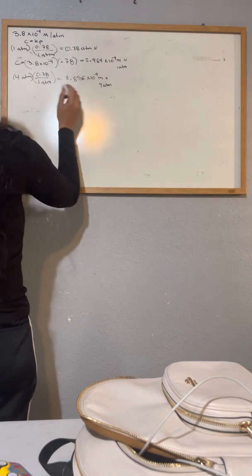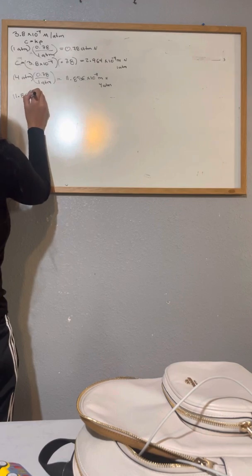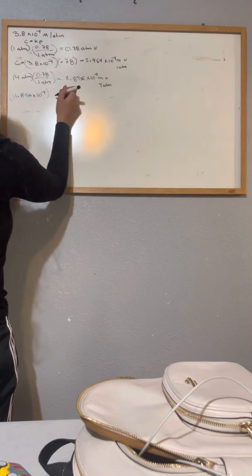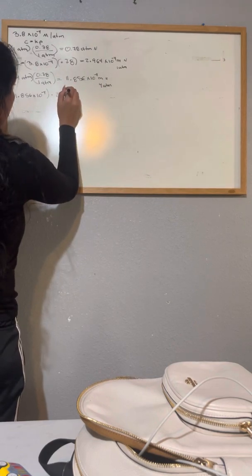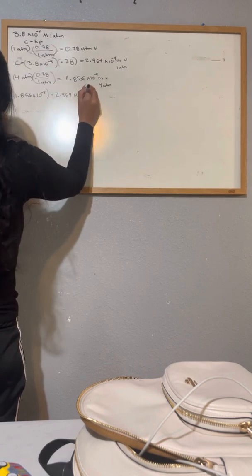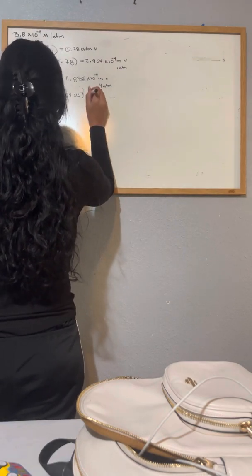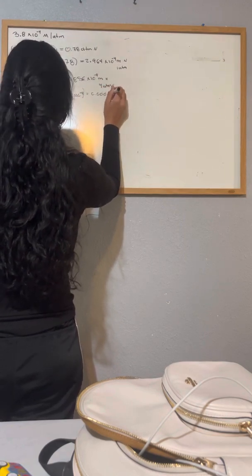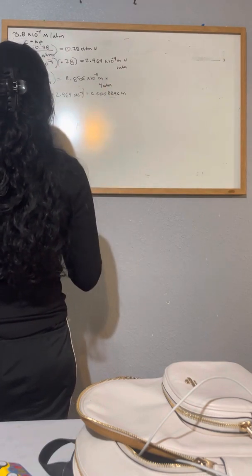So we're going to subtract 11.856 times 10 to the negative 4th, this is at 4 atmospheric pressures, and we're going to subtract our 2.964 times 10 to the negative 4th. And we get 0.000892 moles.